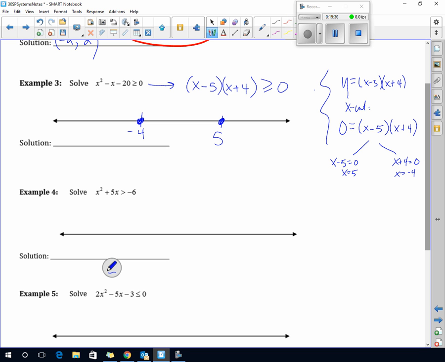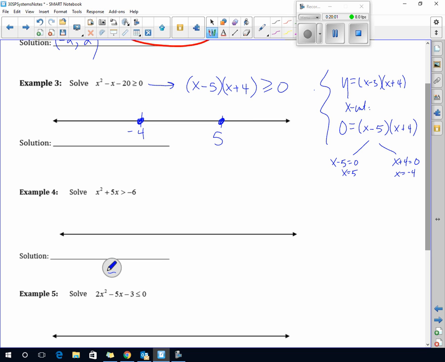So negative 5 goes in here. What do I get for the first factor, positive or negative? Negative, because negative 5 and negative 5 make negative 10. What do I get there? Negative. So then I get a negative times a negative. So what do I get? A positive.